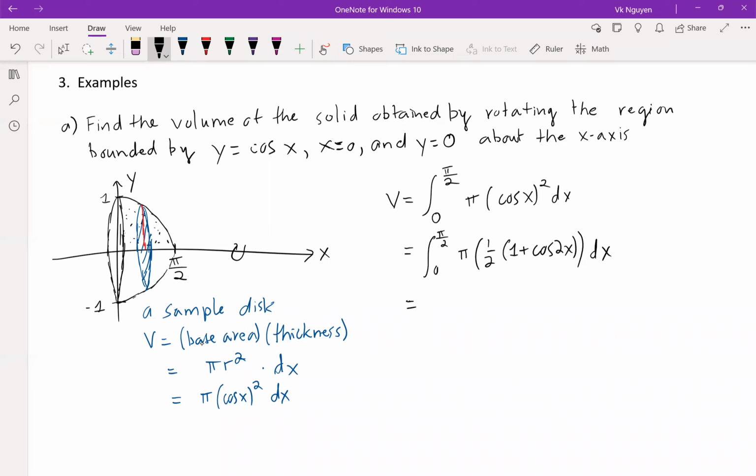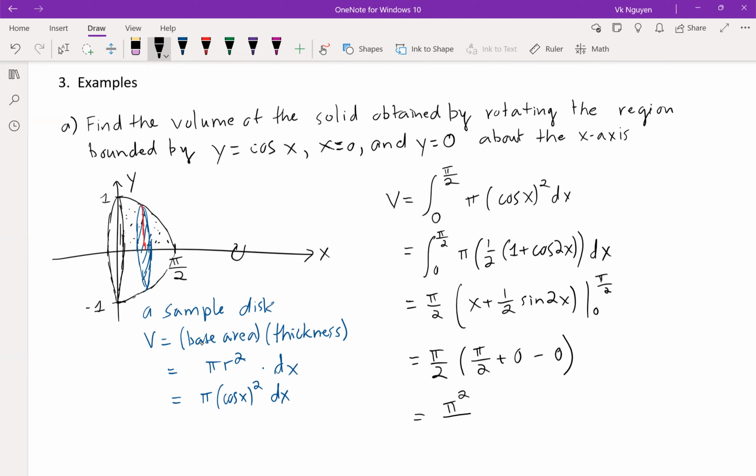I'm going to move the pi over 2 outside and take the antiderivative of 1 plus cosine 2x, which gives us x plus half of sine 2x, evaluated from 0 to pi over 2. So we have pi over 2 times pi over 2 plus, well, sine of pi is 0, so plus 0. And then minus, when we sub in 0, we just get 0. This gives us pi squared over 4.